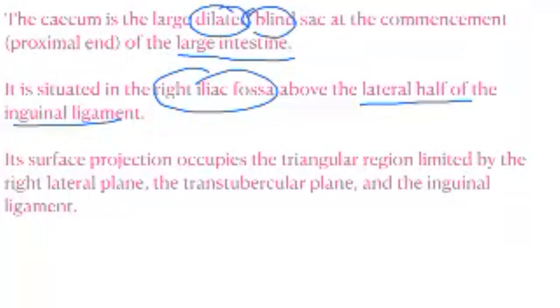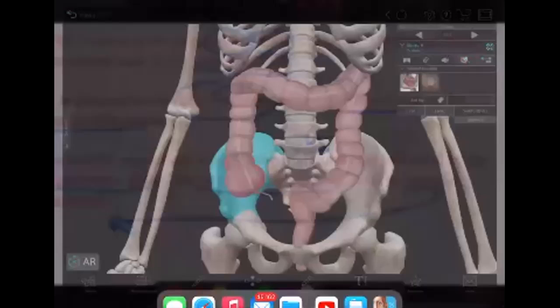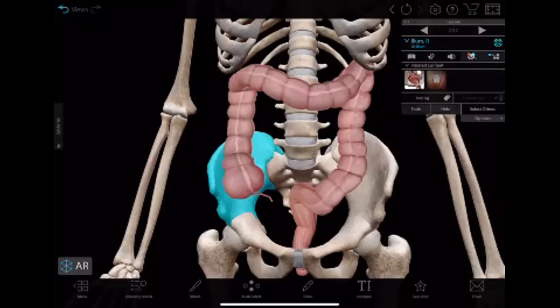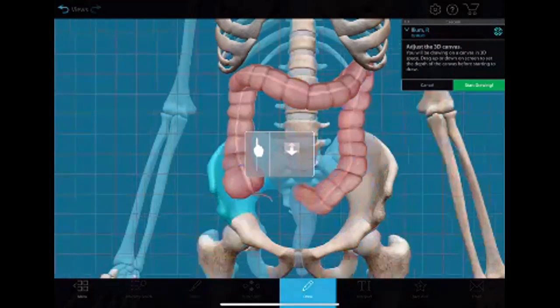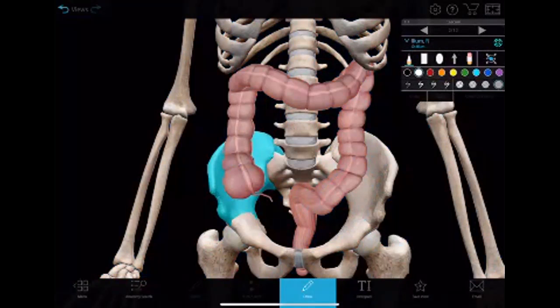Its surface projection occupies the triangular region limited by the right lateral plane, the transtubercular plane, and the inguinal ligament. You have learned these things in the previous classes, so let me show you.